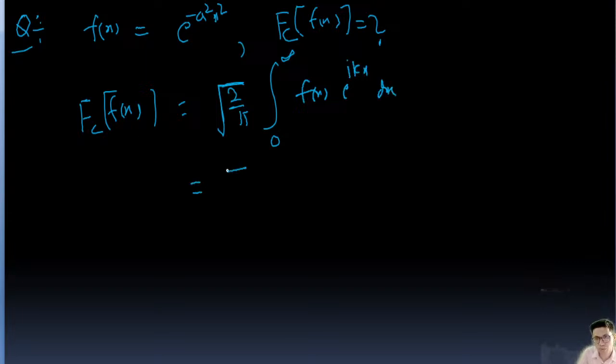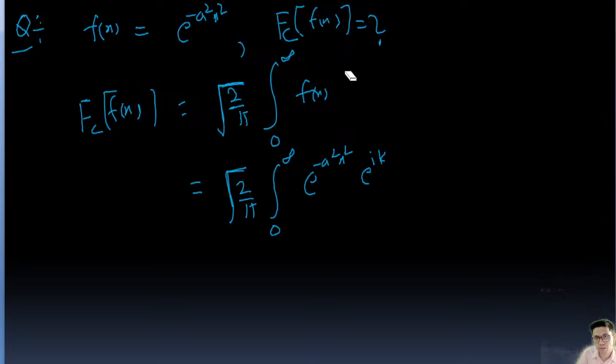So this is going to be root 2 upon pi, integration 0 to infinity, fx value is e to the power minus a square x square, times, sorry, my apology, it's a cosine, Fourier cosine. So this is going to be cos kx dx.